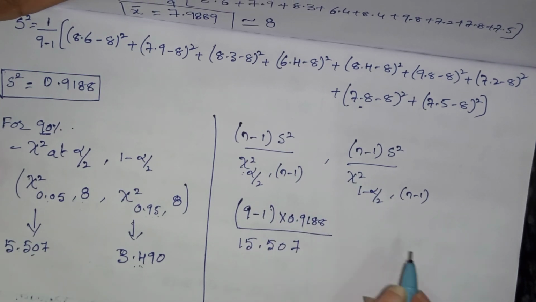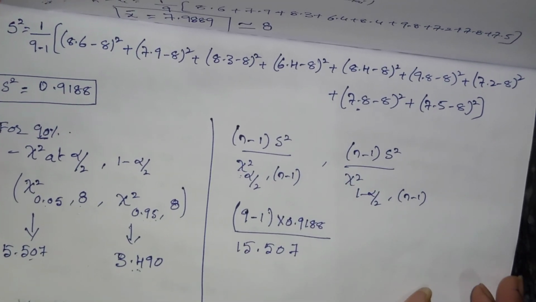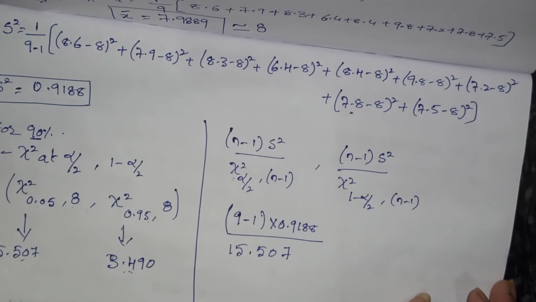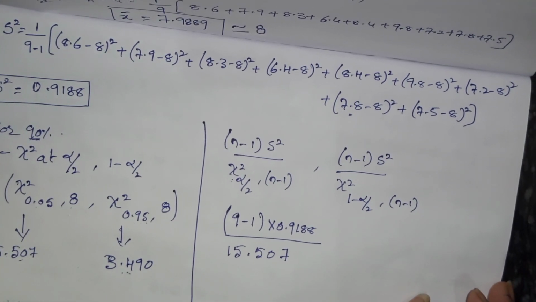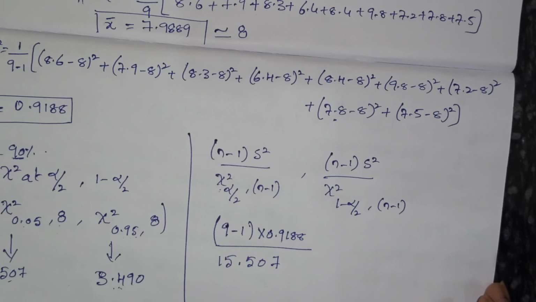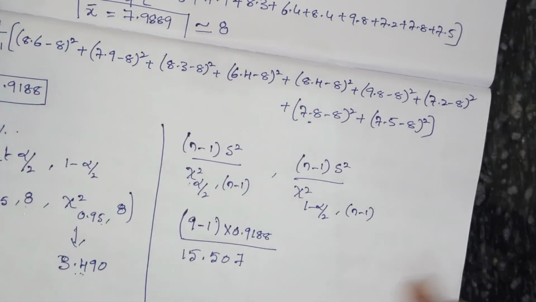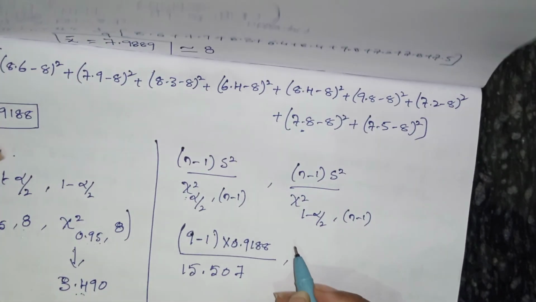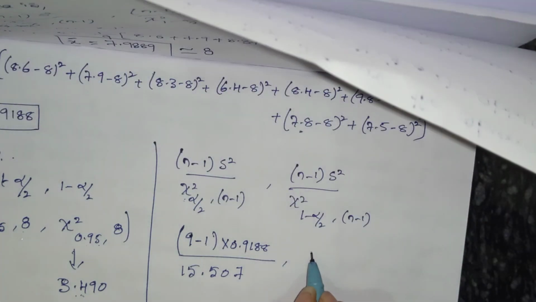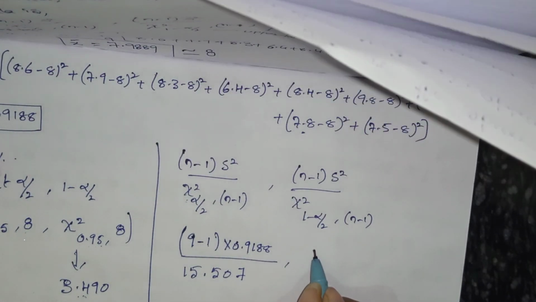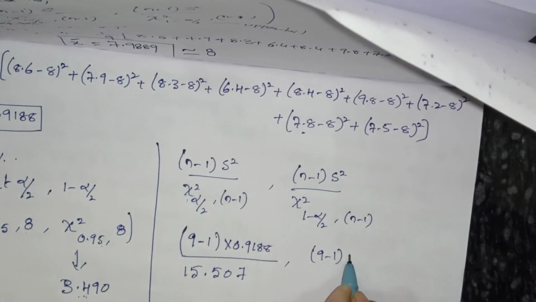15.507. n minus 1 in the sense nothing but 8, that means 8 degrees of freedom. That one no need to keep. Comma. Next, n minus 1, again 9 minus 1 into s square.